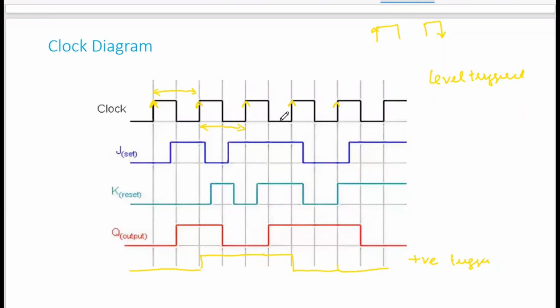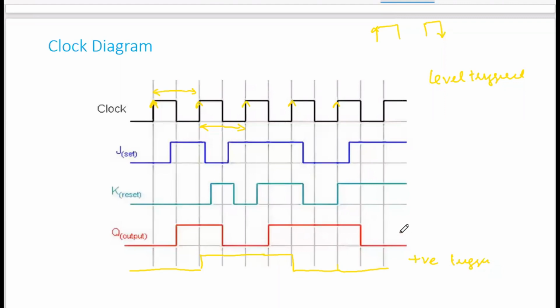Now clock is on, J is 1, K is 1, so it becomes 0 to 1 after a certain time. Here clock is there, J is 1, K is 1, so it is getting to 0, then it will be changing to 1. And here clock is there, J is 1 and K is 0, so your output will be like this.